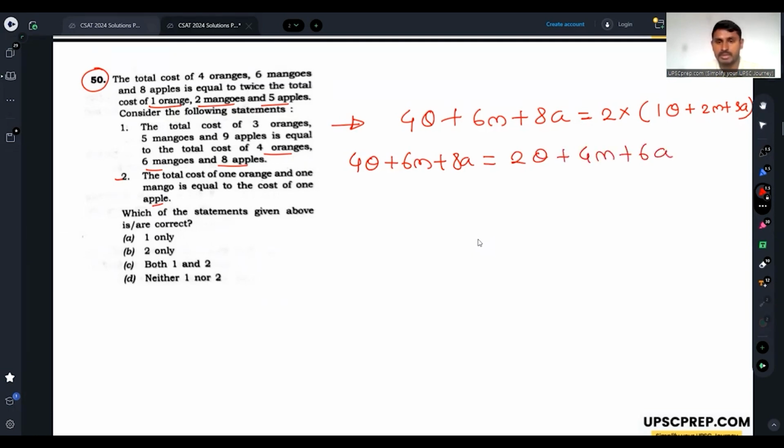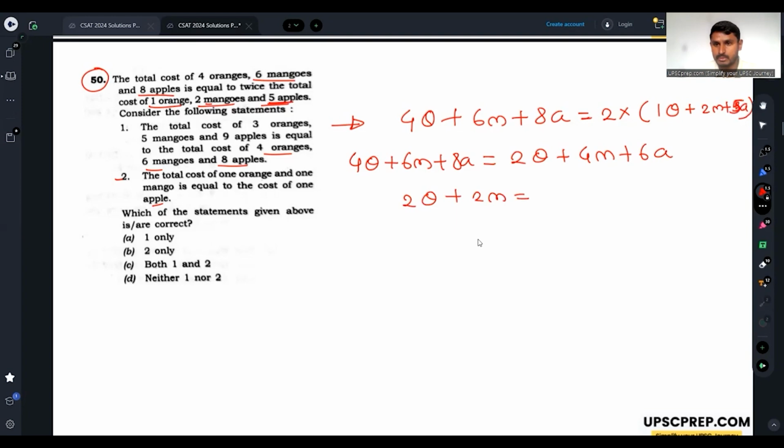Okay. Now let's solve this one. If I take oranges on this side, it will be 2 oranges. Mango on this side again, it will be 2 mangoes. And sorry, it should be 5 apples, right? It was 4 oranges plus 6 mangoes and 8 apples is equal to twice the total cost of 1 orange, 2 mangoes and 5 apples.